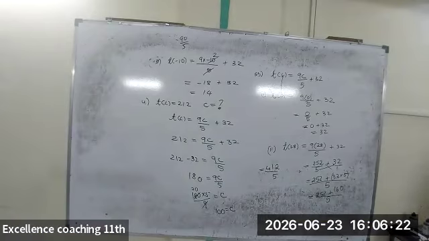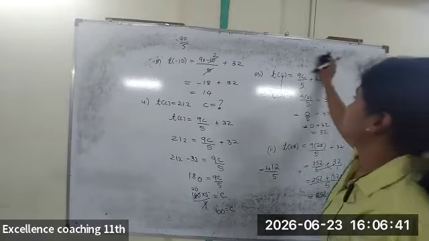Done with the third one. Where what happened? Which one is gone wrong? That minus 90 upon 5 also if you do, you'll get the same answer. Minus 18 you will get. 90 divided by 5 will be 18, minus 18.